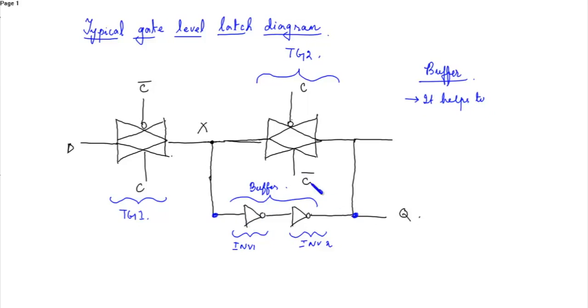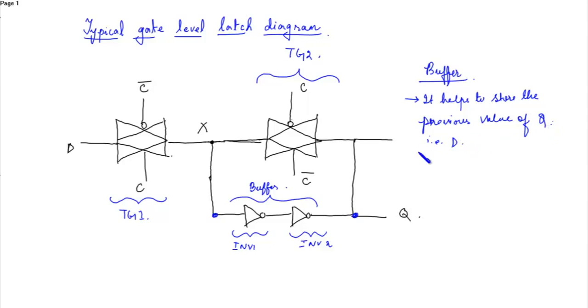Actually, here the value is not stored, but it helps to store the previous value of Q, which will be used later on. Actually, it stores the value of D in Q.